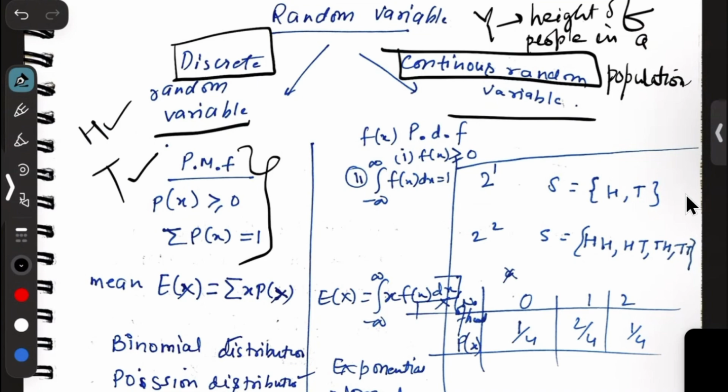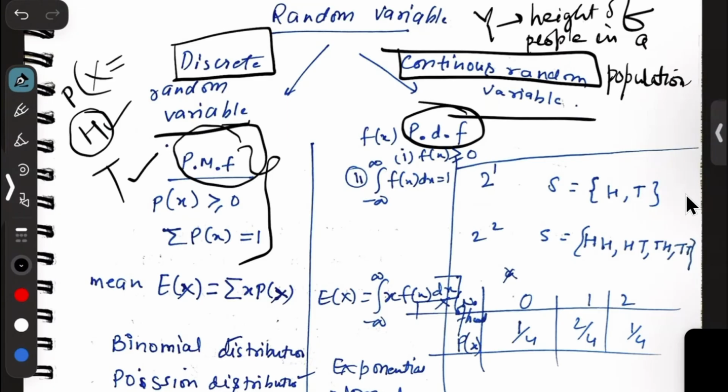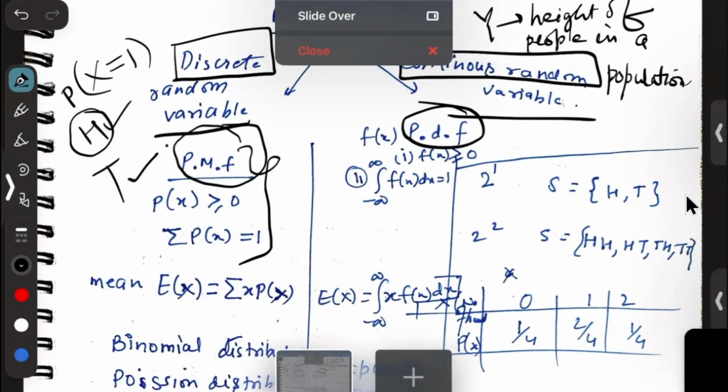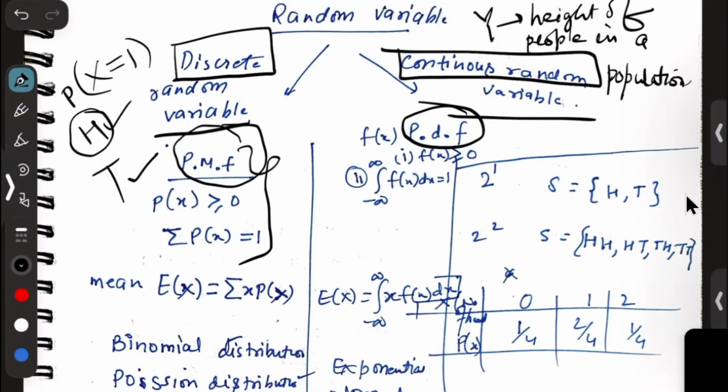So we have the PMF. What is PMF? PMF is the probability mass function. And what is PDF? PDF is the probability density function. PMF is like assigning the probability of getting a head, or we can say the probability of the random variable being equal to 1, as we previously defined that head is assigned 1 and tail is assigned 0.